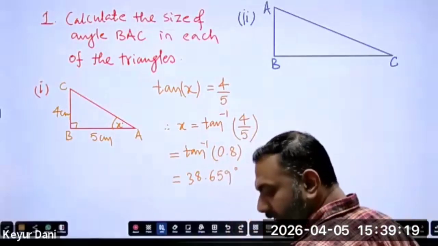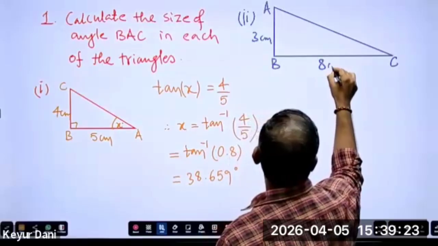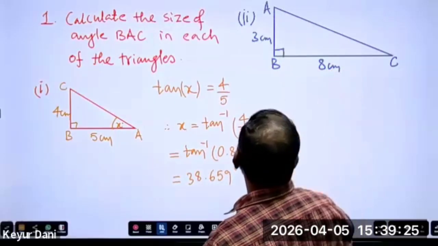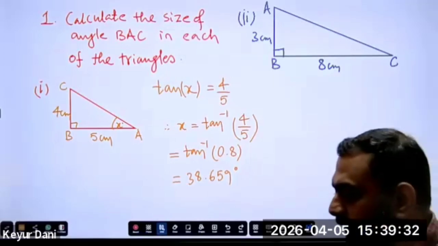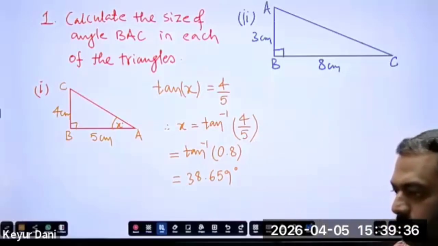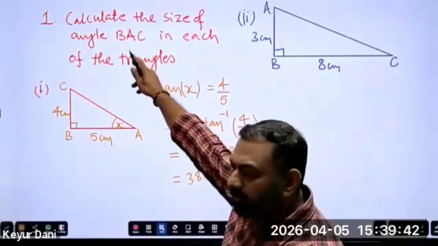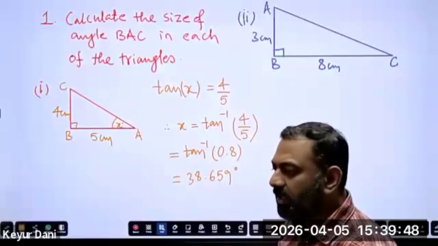And the sides that are given are 3 centimeters and 8 centimeters. You tell me the answer, whatever answer you get. Which angle to find? Angle BAC, same. Angle BAC is what you're supposed to find. You have to name it as X.